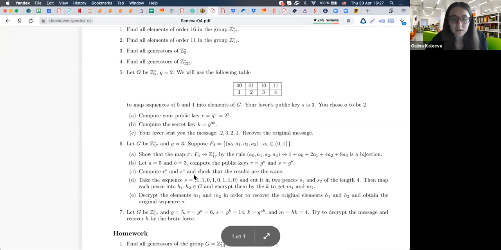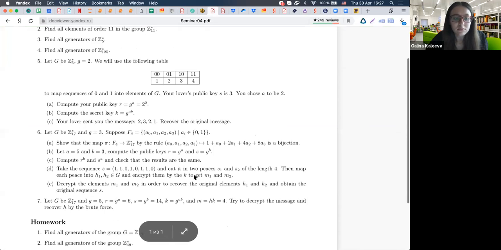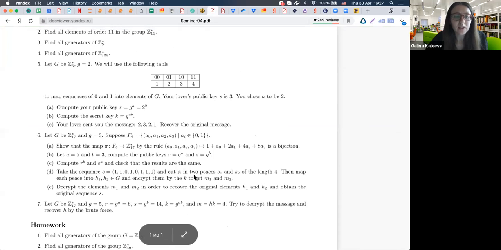The next one, we need to compute r to the power of b and s to the power of a and check that the results are the same. Let's check.